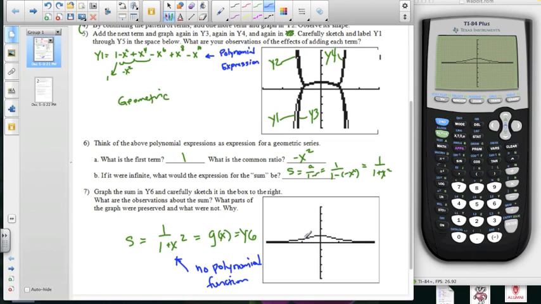This polynomial function matches it for a period of time, and then after which it kind of goes off and behaves in its polynomial way.